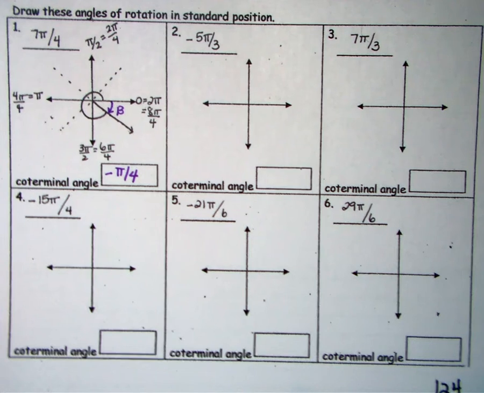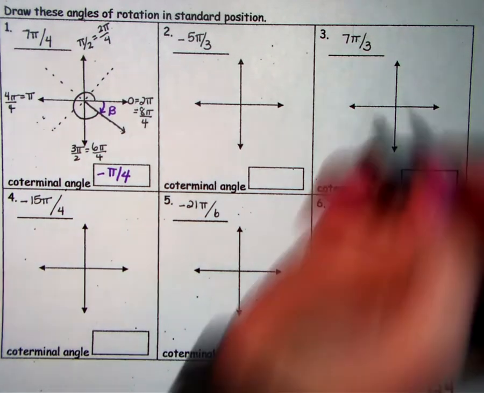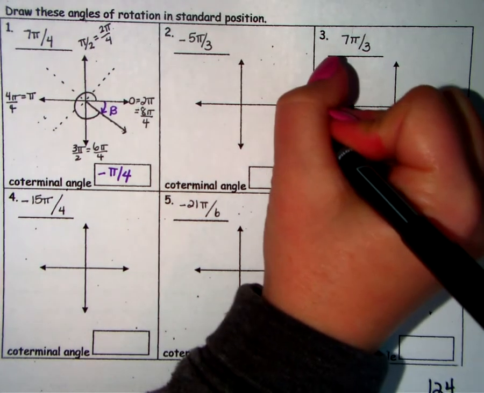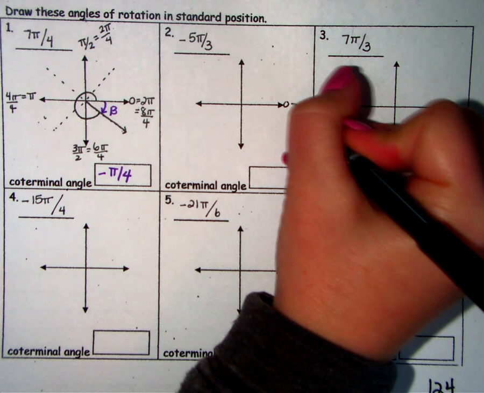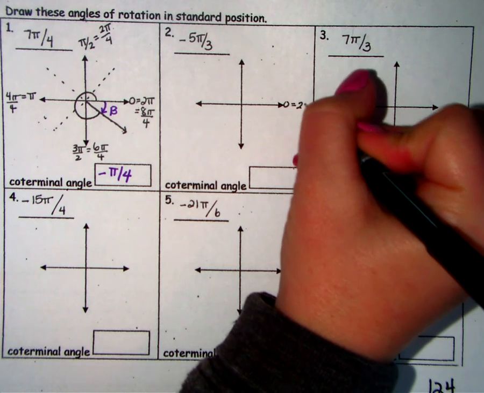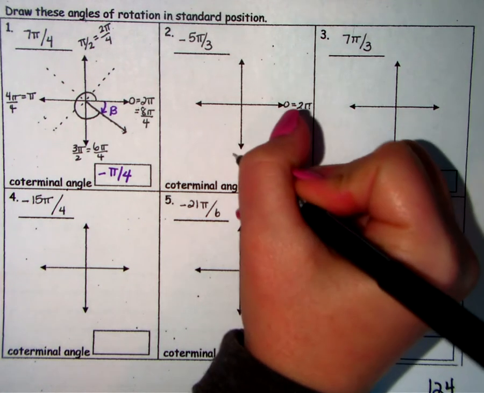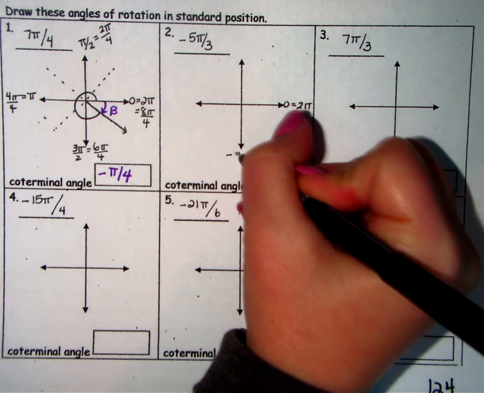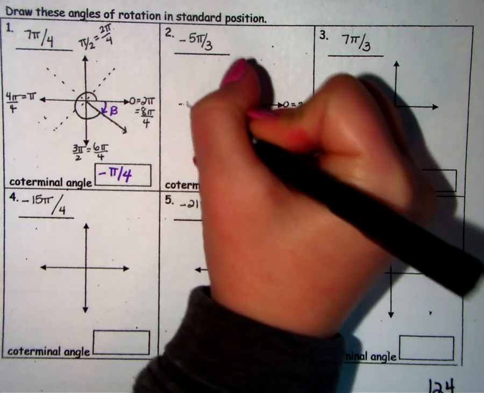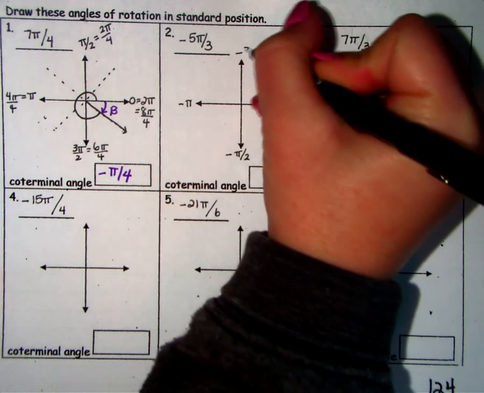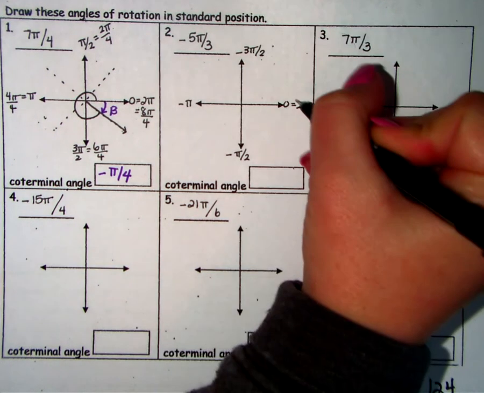All right, so negative 5 pi over 3. If this is my 0 or 2 pi, going negatively would mean that this is a negative pi over 2, negative pi. So again, I'd be moving in a negative direction.